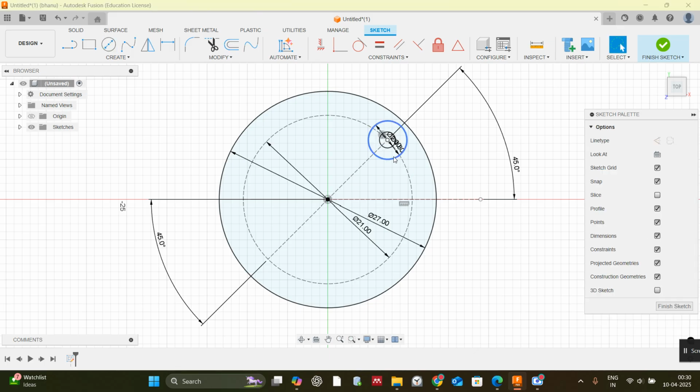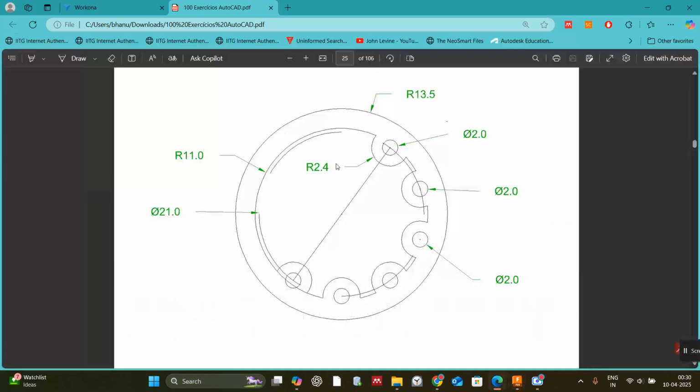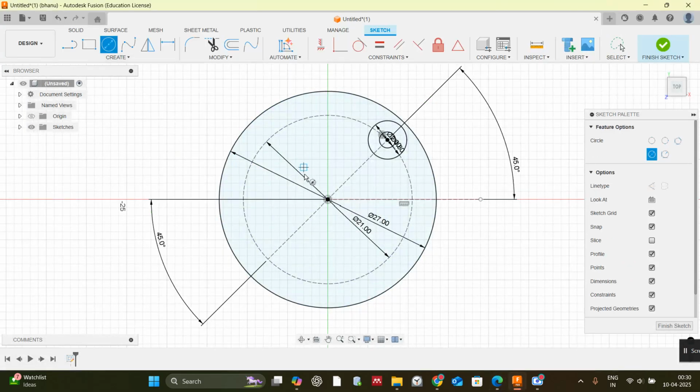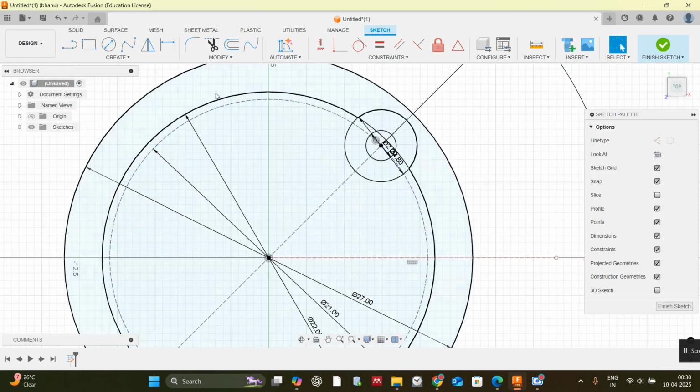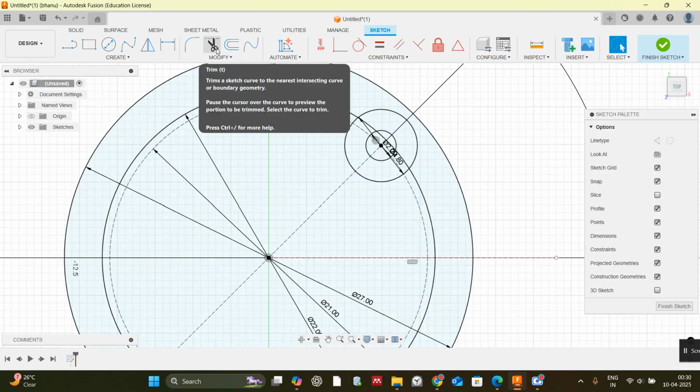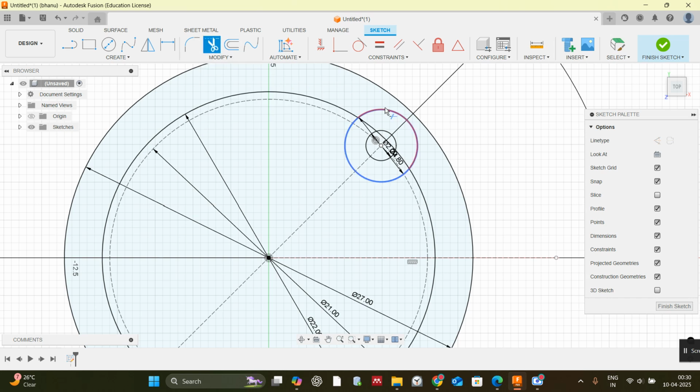This is, we observe there is another circle with the radius. So I'm using the trim feature and I'm going to remove these.